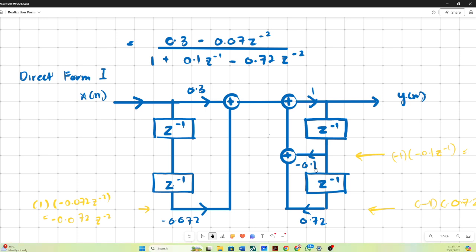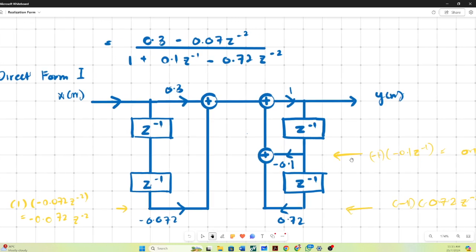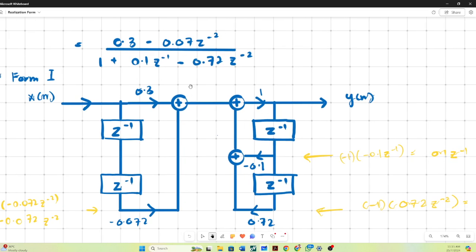So it becomes minus 0.1 z^-1 times minus 1. Minus 1 represents the opposite direction from the original, so the direction to the left is represented by minus 1. So minus 1 times 0.1 z^-1 gives 0.1 z^-1, and we meet this requirement.